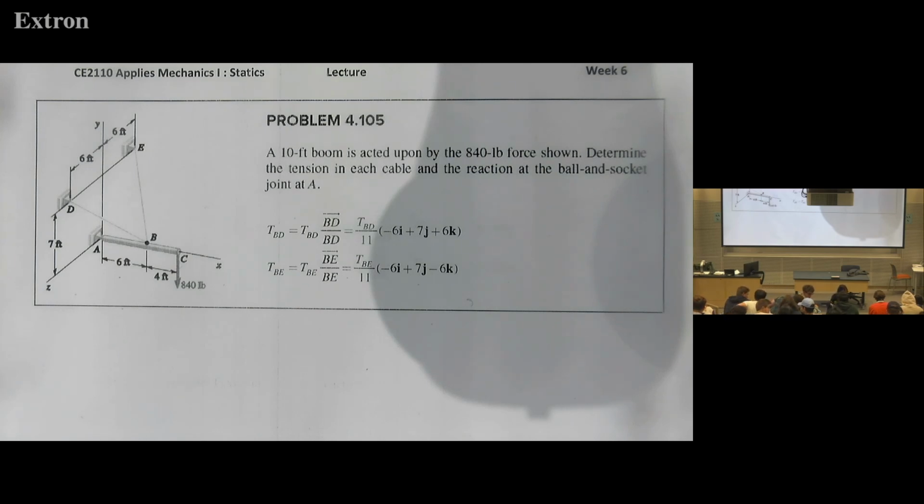Very important problem, okay? So a 10-feet boom is acted upon by the 840-pound force shown. Determine the tension in each cable and the reaction at the ball and socket joint at A. Okay. Too difficult? Okay. So there is a beam or rod, something like that, where it says beam, right?